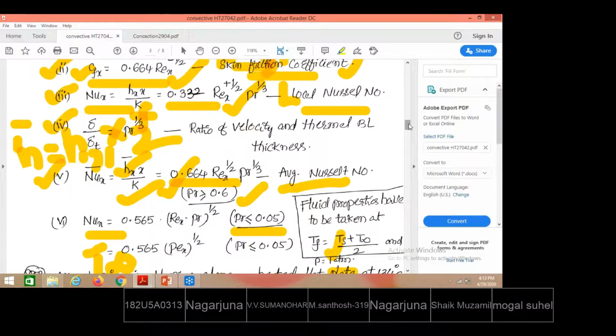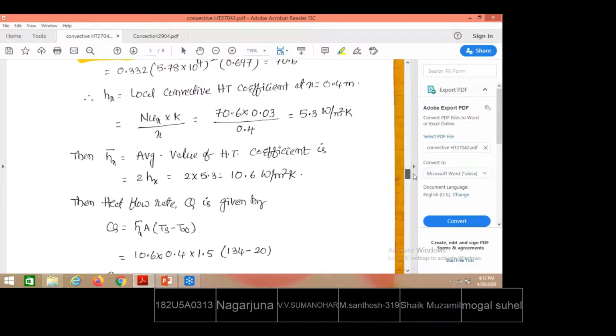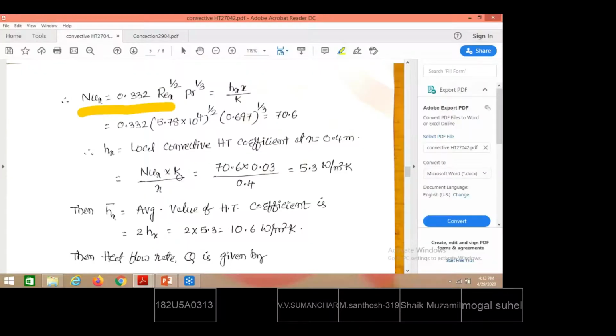I have taken it as it is and substituted: the local Nusselt number is 0.332 into the Reynolds number, which I have just calculated, into the Prandtl number value taken at film temperature. Ultimately that is calculated as 70.6. That is equated to h_x times x divided by k, where x is the position at which they are asking you to calculate.